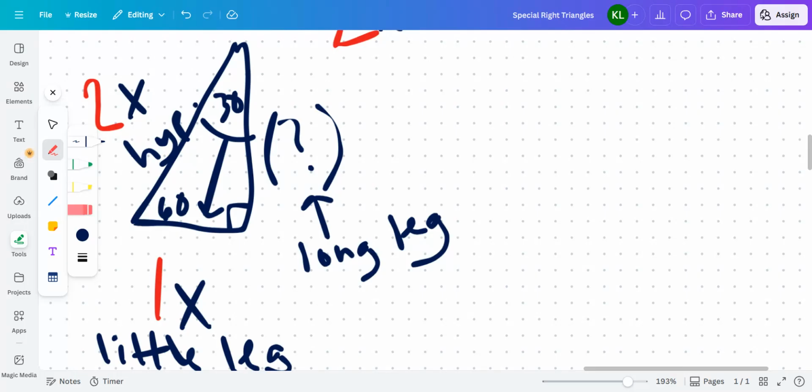Now the Pythagorean theorem is a squared plus b squared equals c squared. We're going to use it just like we did last time. A and b correspond to either of your legs. It doesn't really matter which one's which. And then c has to correspond to your hypotenuse. I prefer to let my unknown value correspond to a, so that it's towards the front.